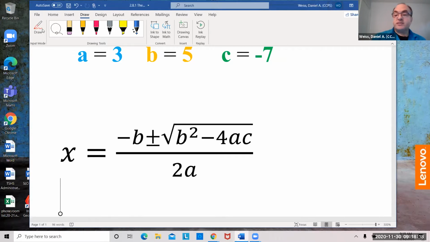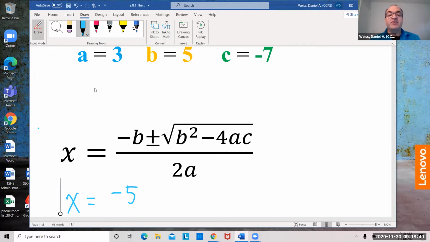So here's how it works. I'm just going to fill in the numbers for the letters. X equals -b. So it's going to be -5.